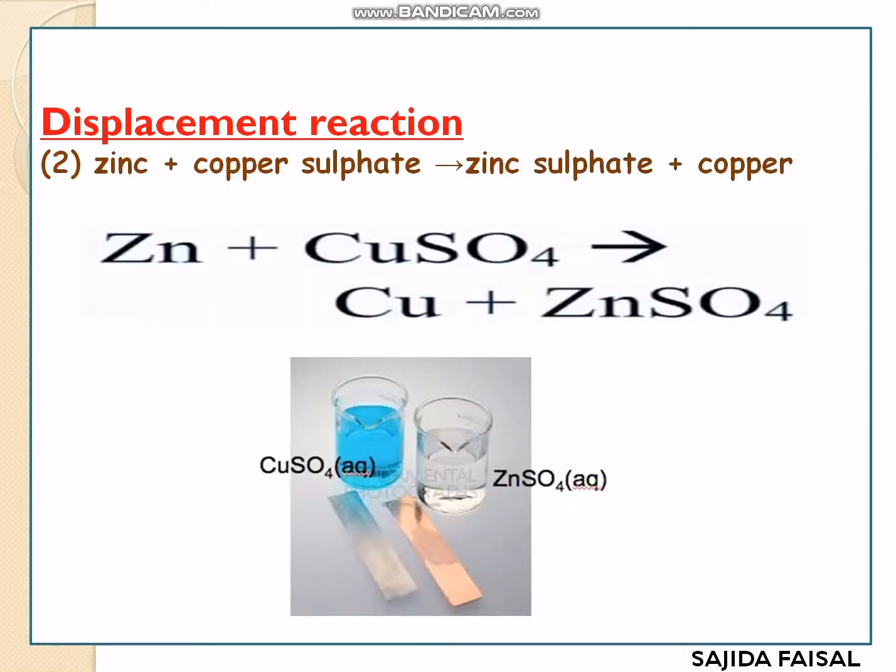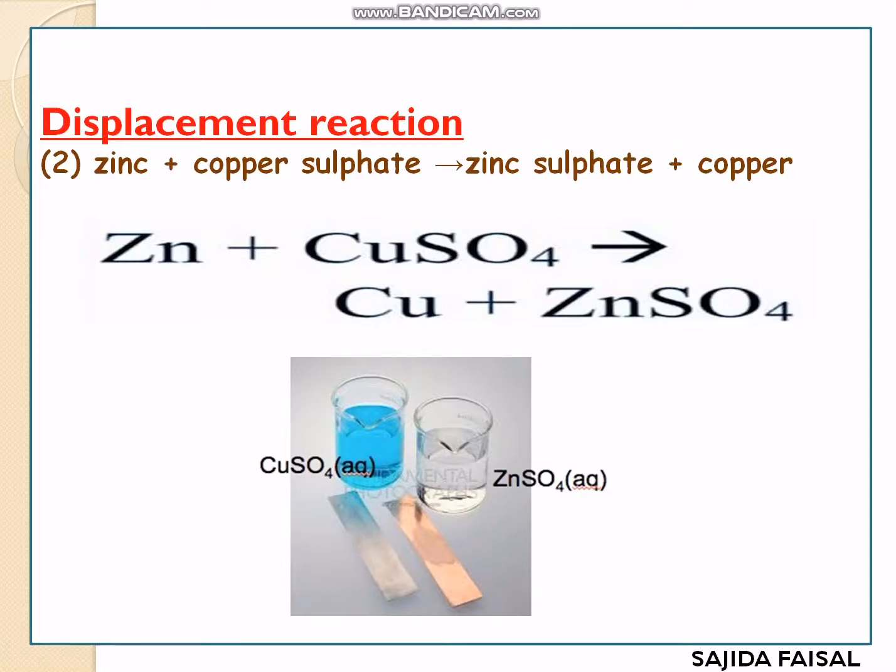The next displacement reaction is with zinc. We take zinc pieces and keep them in a copper sulfate solution, which is a blue color solution. What will happen?